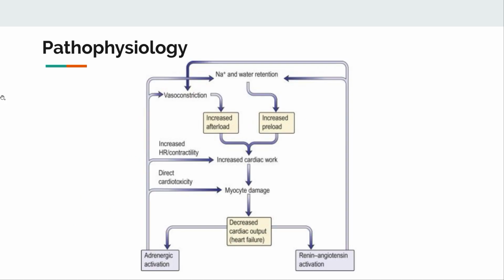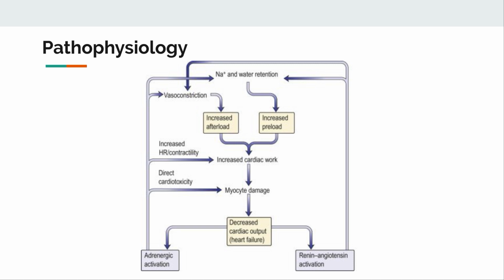The general pathophysiology, if we have a look at the bottom of the diagram first, you'll see decreased cardiac output, which leads to activation of the adrenergic nervous system and the renin-angiotensin system.